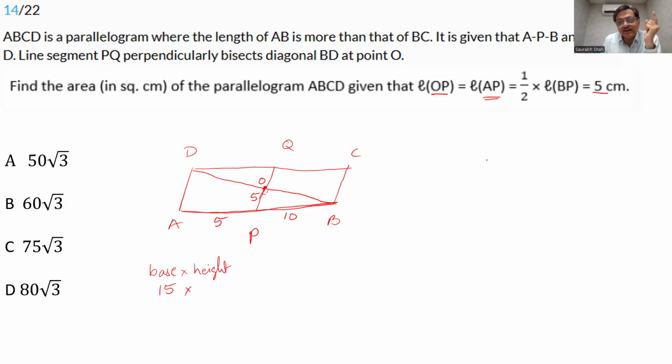I have been telling you many times, remember things. Right angle triangles. Remember, OPB is a right angle. This is a right angle triangle. So what happens in a right angle triangle? When you drop a perpendicular to the hypotenuse, what happens? There are four very important equations.